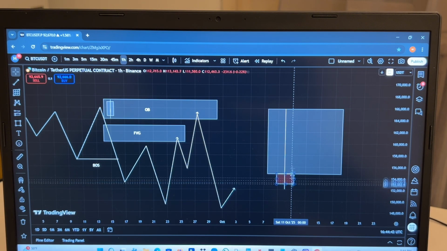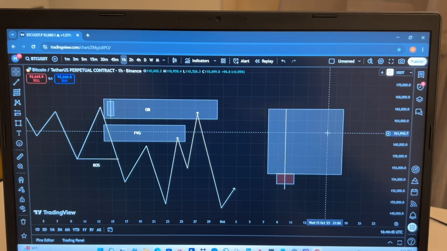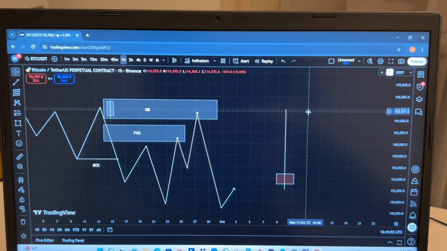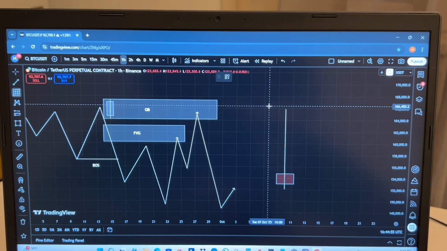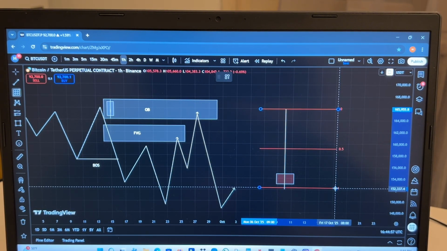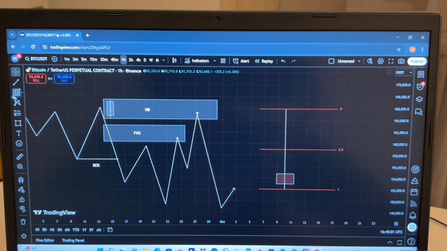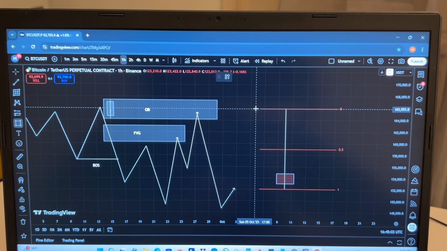This wick part only. So let's say even after drawing that, if you feel like it's too much leverage over there, we are going to use the Gann box from the top level to the bottom. We are going to go for the top half.